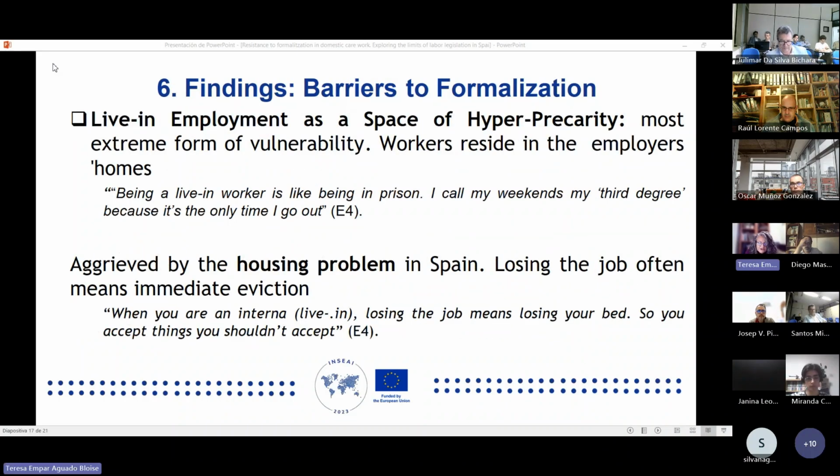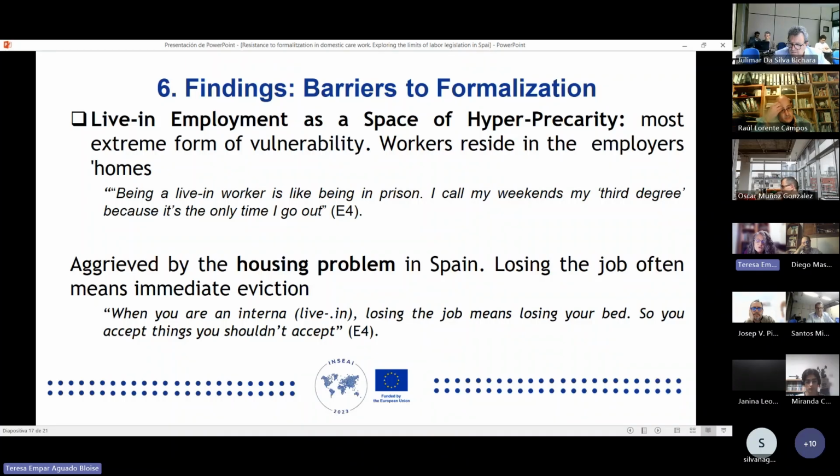Cultural norms also shape this sector. A deeply rooted narrative suggests that domestic workers are like family. Although this language appears affectionate, it blurs the employment relationship and justifies expectations of flexibility, emotional labor, and unpaid availability.